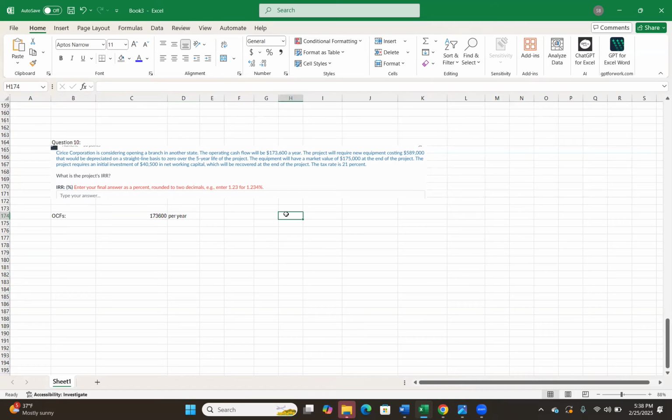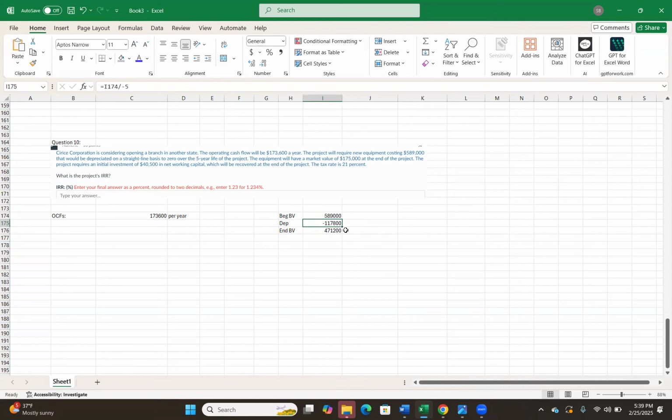Okay, so I'm gonna build out a depreciation schedule. So beginning book value is 589. Straight line to zero over the 5-year life equals 589 divided by 5. I'm gonna make this negative though. Depreciation. And then ending book value is going to be the sum of these things.